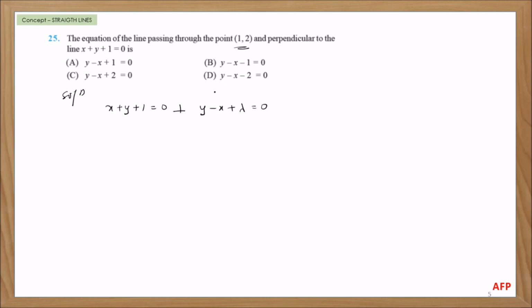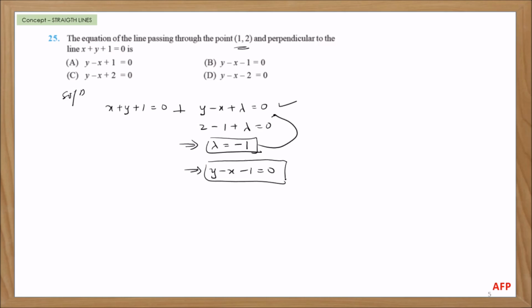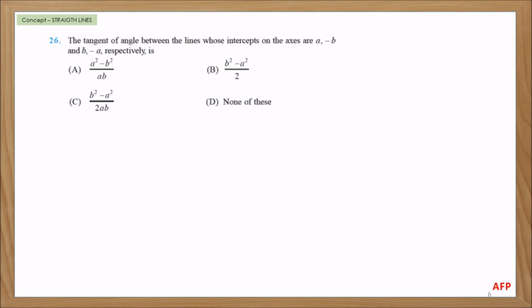Substitute the point in this equation. So 2 minus 1 plus lambda is equals to 0. Therefore lambda is equals to minus 1. Substitute in this equation: minus y plus x minus 1 is equals to 0. So this itself is the equation of a straight line. This was the concept.